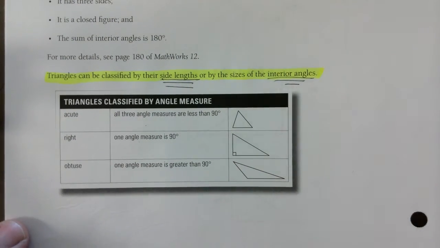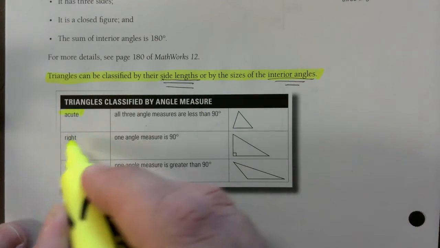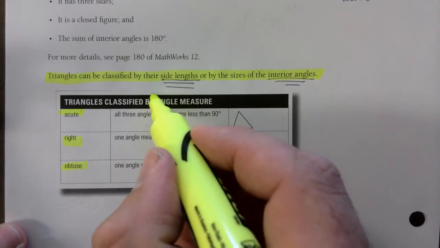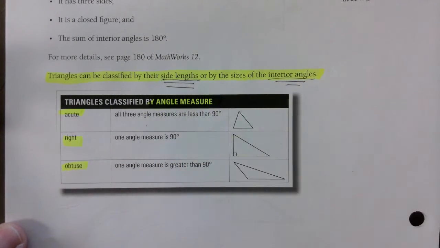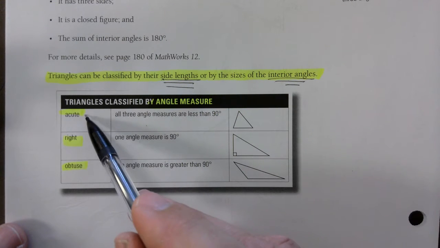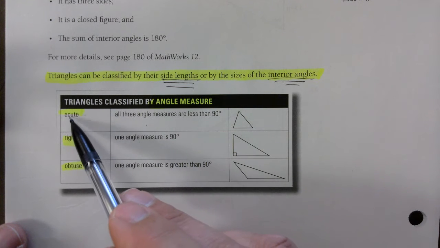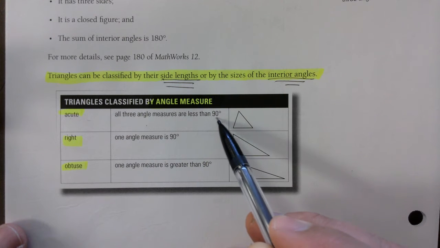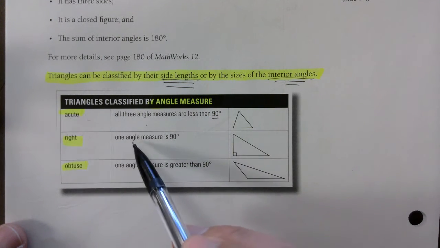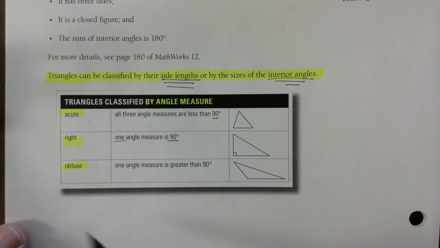So you have acute, right, and obtuse. This is by angle measure. If you want to classify a triangle by angle, there's acute, where all three measure less than 90. Right, where one angle must be 90. Obtuse, where one angle is greater than 90.